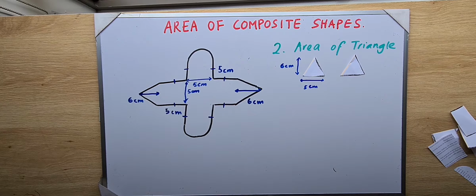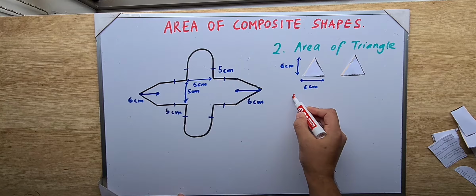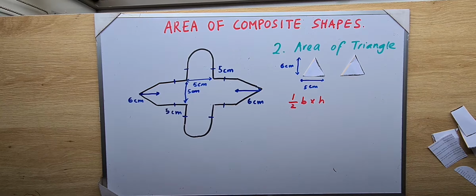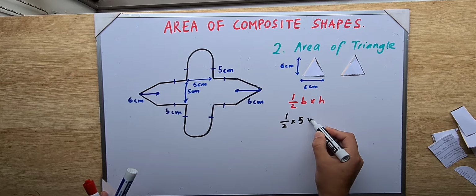And the formula for the area of a triangle is just half the base times the height. So substituting those values into this formula will give me half times 5 times 6.